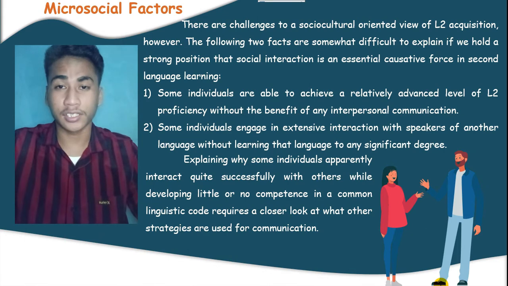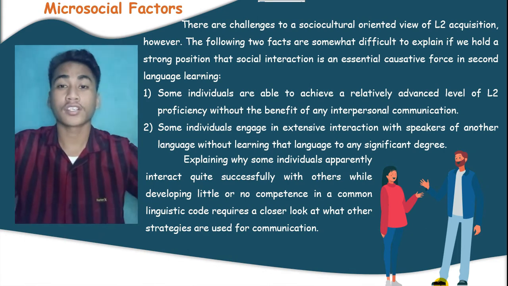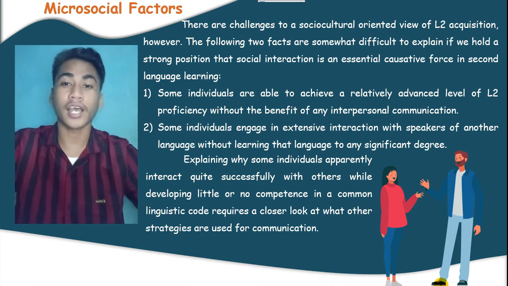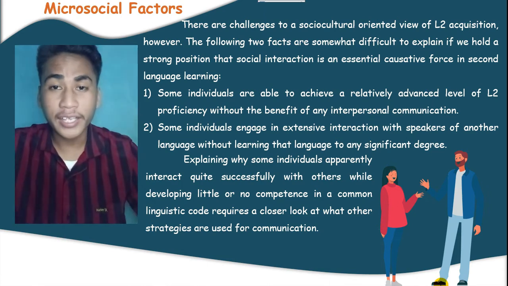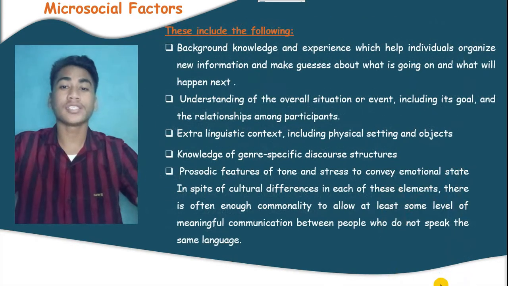This includes the following. The first, background knowledge and experience, which help individuals organize new information and make use of it to predict what is going on and what will happen next.